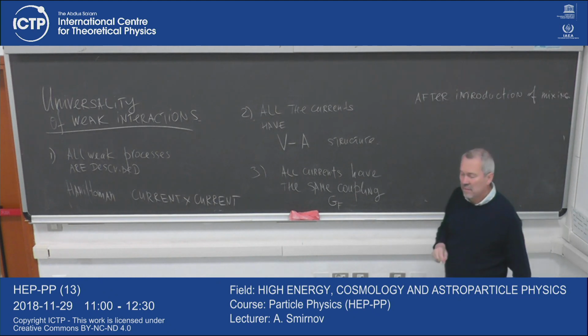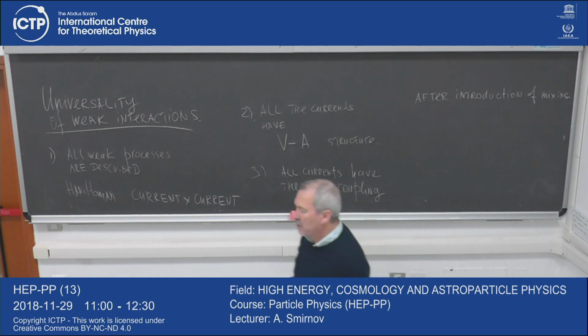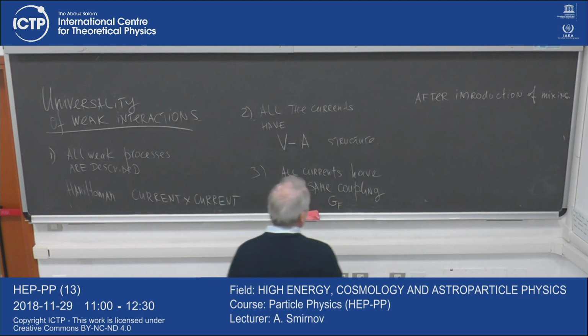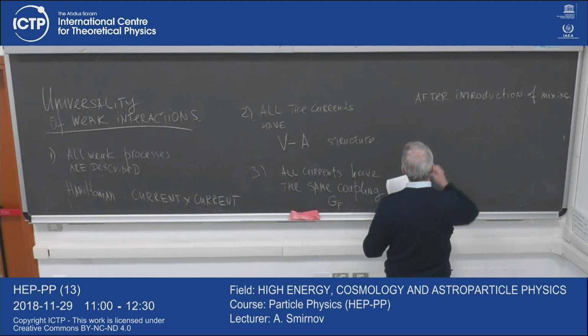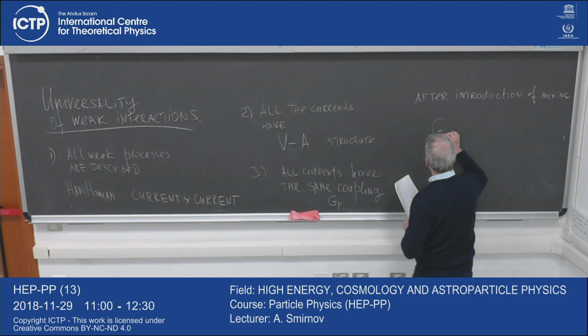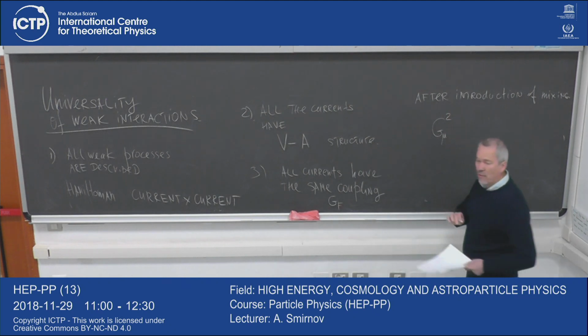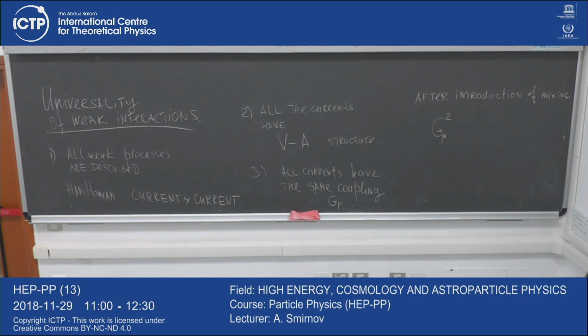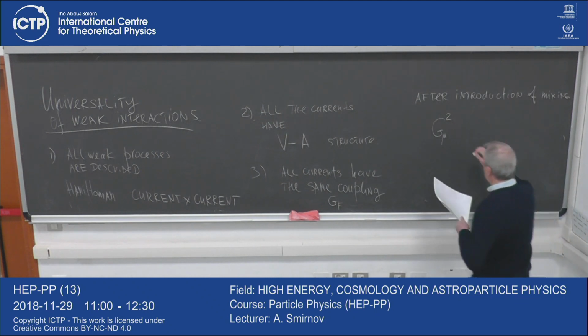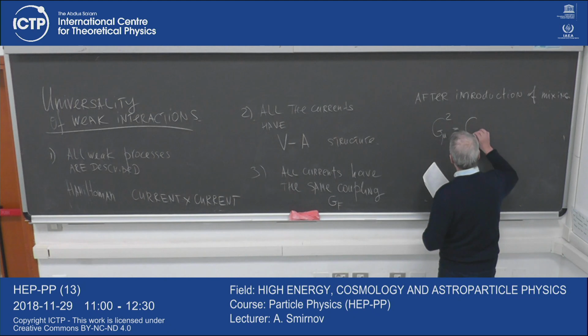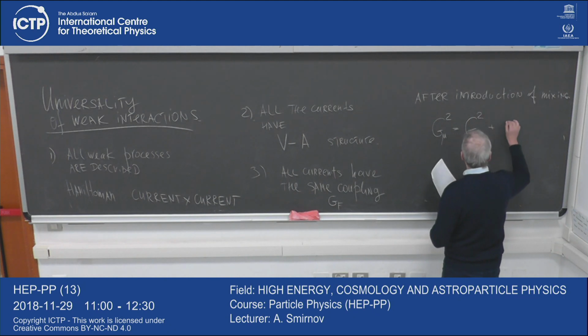Well, actually, precise measurements of four fermionic coupling constants in different processes realized that G_mu squared, this is the four fermion coupling which appears in the processes with muon, in particular muon decay, equals G_beta squared plus G_K squared.